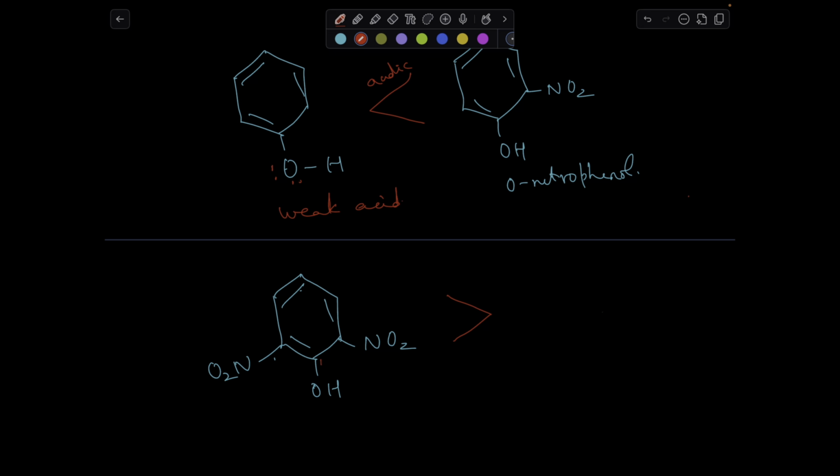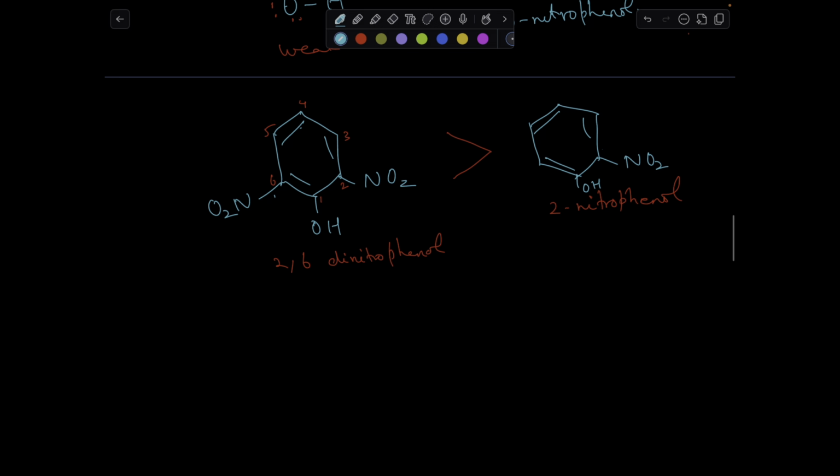So this is 1, 2, 3, 4, 5, 6. So this is 2,6-dinitrophenol, and this is more acidic than 2-nitrophenol. If we add one more nitro group and put it in the para position, then we get 2,4,6-trinitrophenol, which is more acidic than the dinitrophenol.